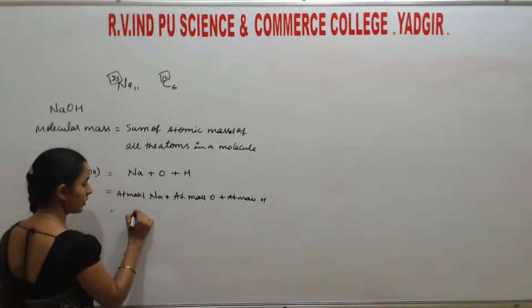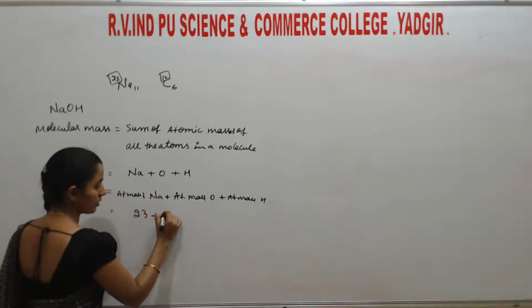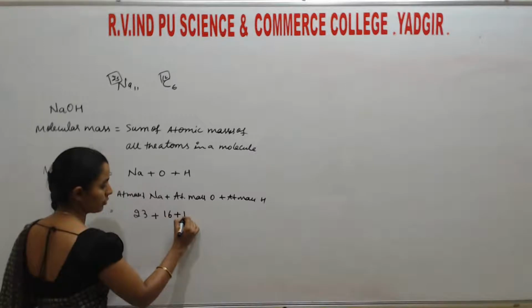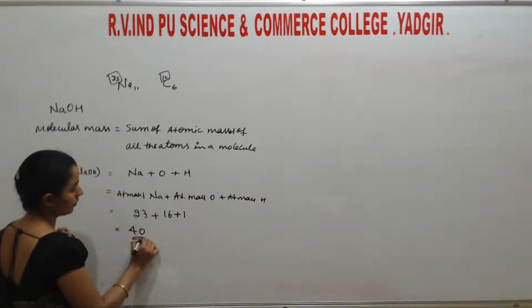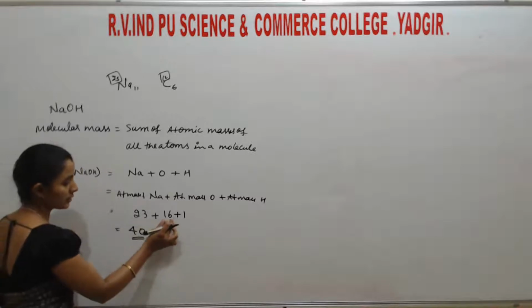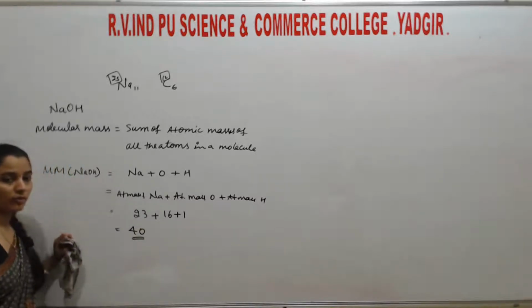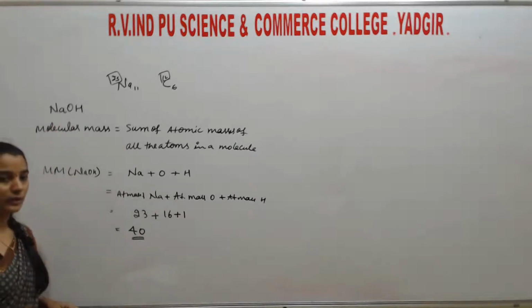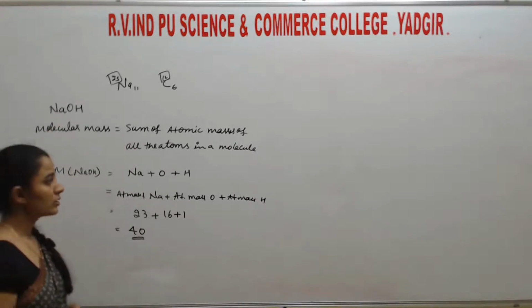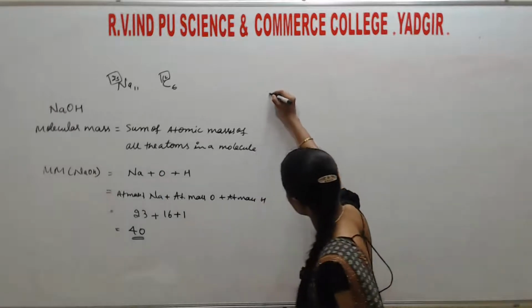Atomic mass of Na is 23, oxygen is 16, hydrogen is 1. We will get 23 plus 16 plus 1, that is 40. So the molecular mass of NaOH is 40.